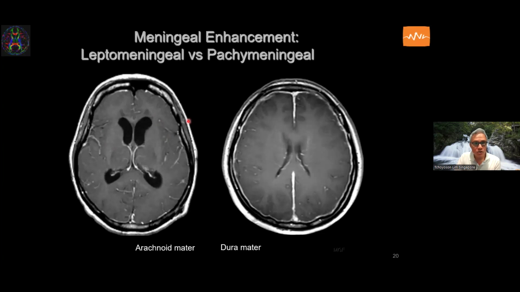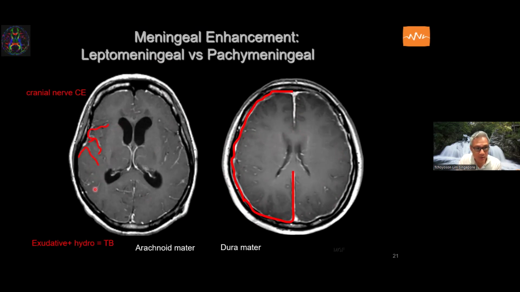So just a short note about leptomeningeal contrast enhancement versus dural contrast enhancement. And here the arachnoid matter is enhancing. Here the thick fibrous dura is enhancing in a very diffuse way, caused by different causes and different diagnoses.